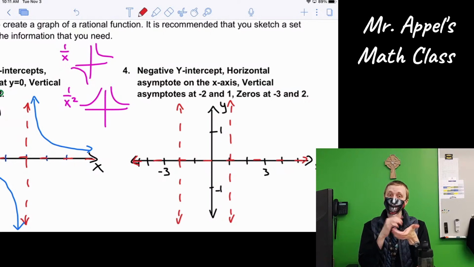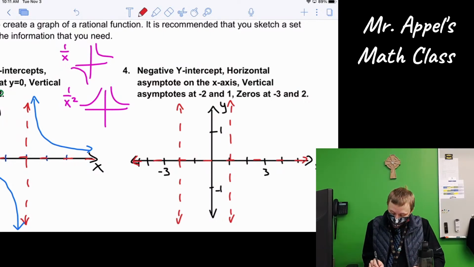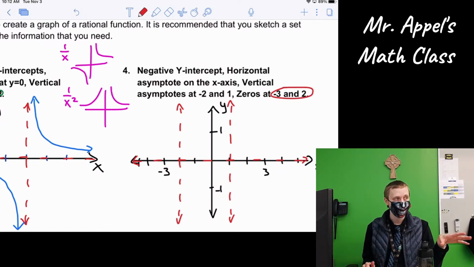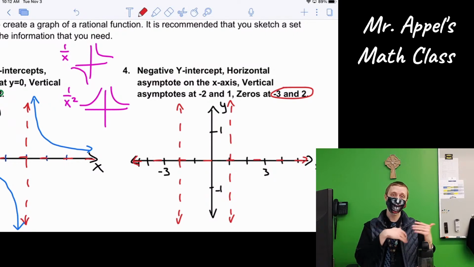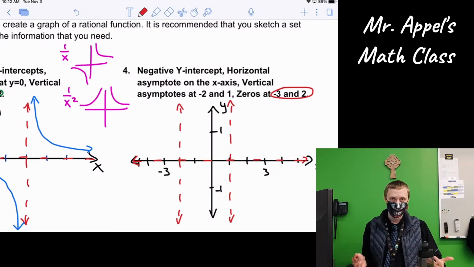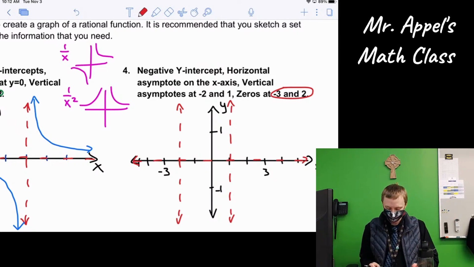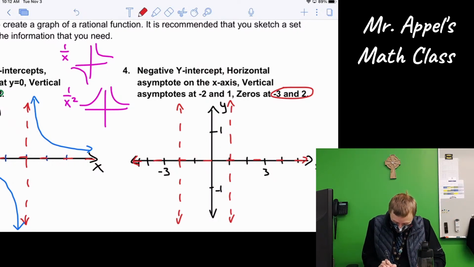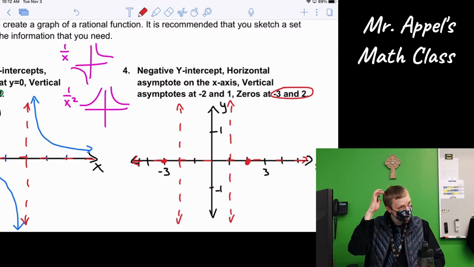But you can only cross it at the indicated points. So I'm told it crosses at these points and no others. Okay? But the end behavior is going to, when it can, the function will tend back towards the asymptote. It's almost like they're magnetic. It just kind of draws things into it. So we have a 0 here at negative 3 and positive 2. We have to cross there.